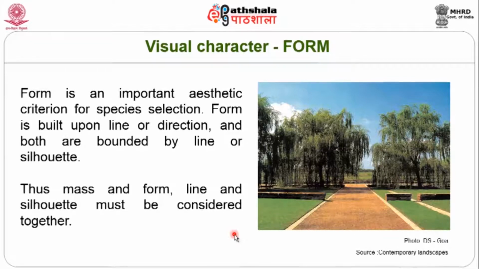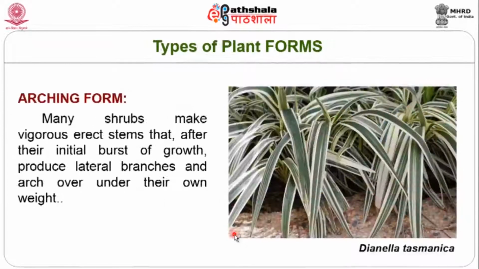Putting all these things together, like line, direction, silhouette, and even the mass and the density of the leaves, whether it is very dense or very airy with a lot of gaps within it. Even the massing plays a certain role in how a particular form is envisaged. So, mass, form, line, and silhouette must be considered together when we are looking at this aspect of form.